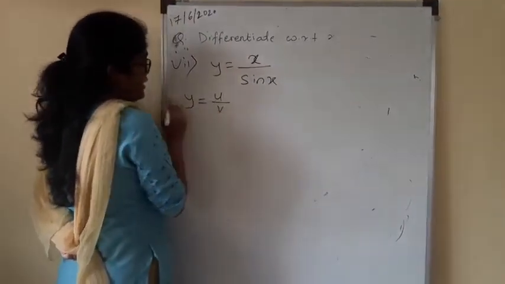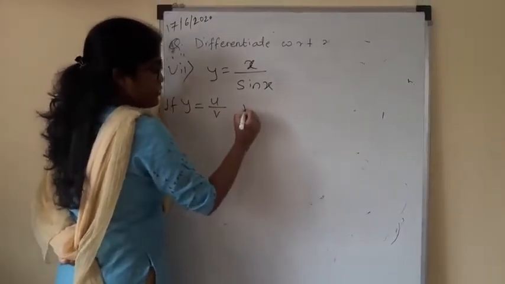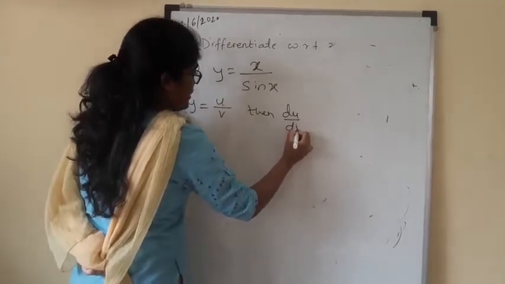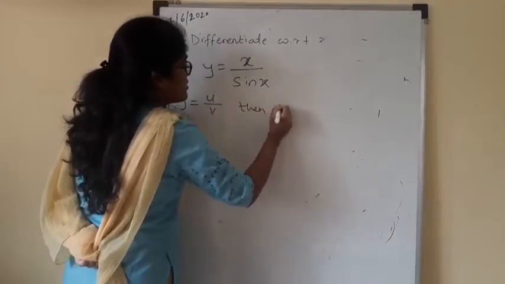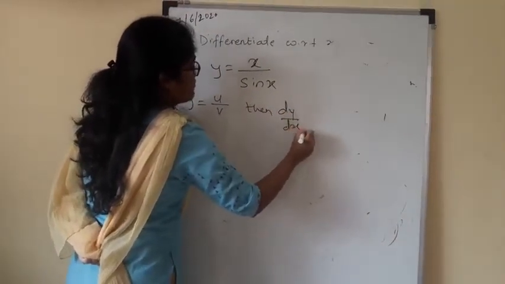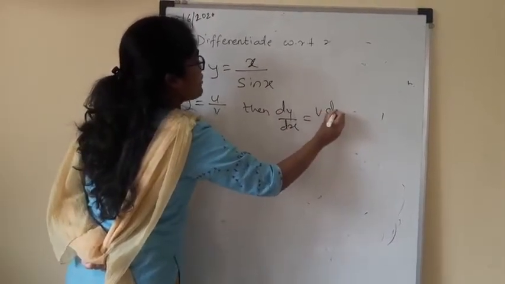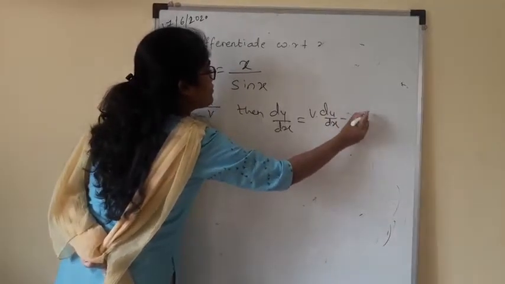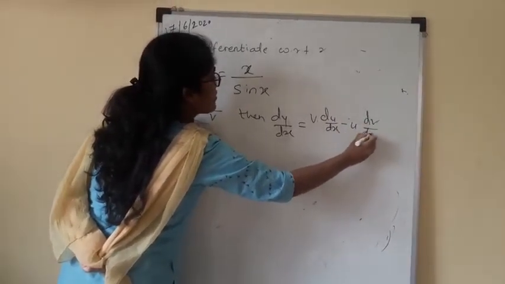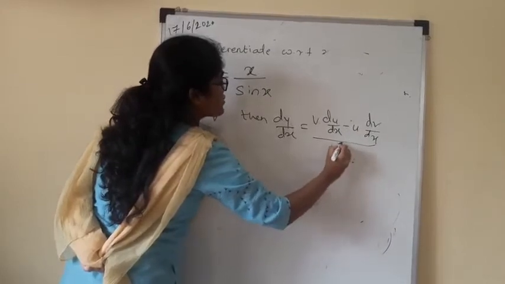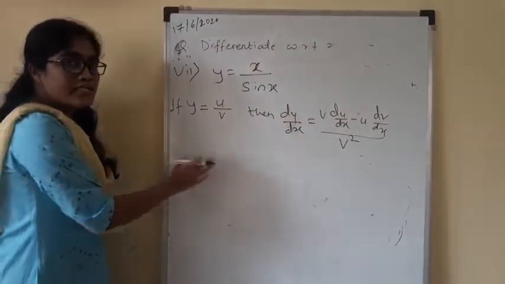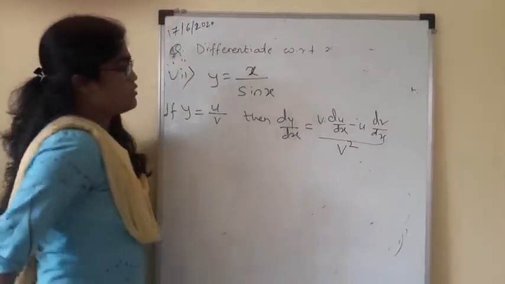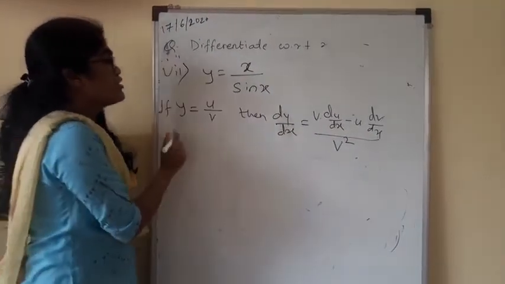If y is equal to u upon v, then its derivative dy by dx is v into du by dx minus u into dv by dx, divided by v square. This is the derivative of the quotient function.